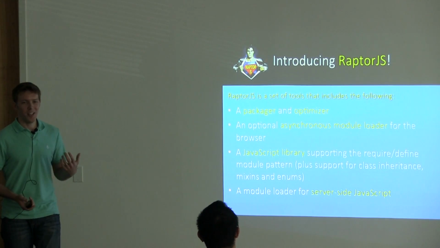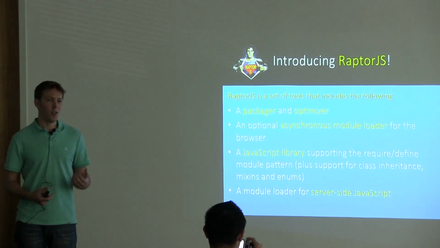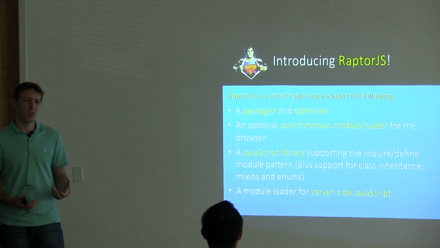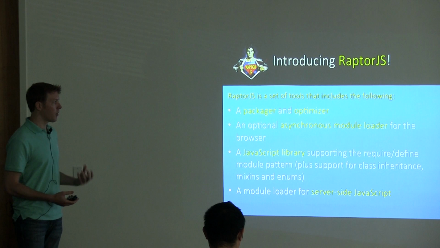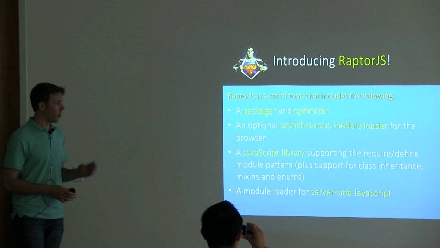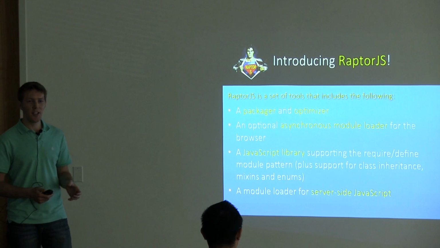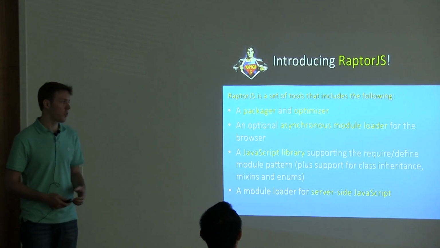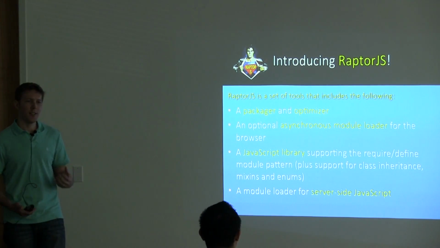So what is RaptorJS? One piece of it is the packager and the optimizer. We wanted to make it easier to package up your code, and it's probably easier to explain when I actually show you the code for what the packager looks like. It also includes an asynchronous module loader.